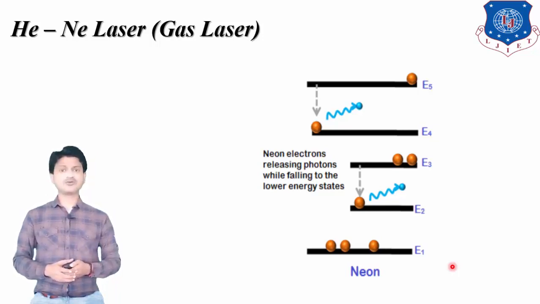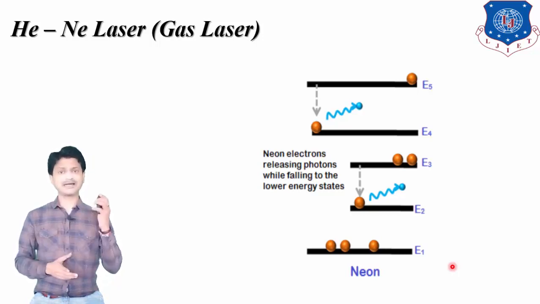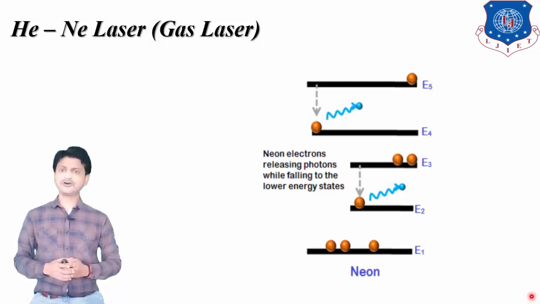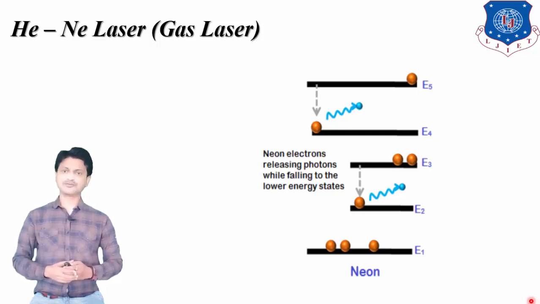Similarly, the ground state electrons of neon atoms are excited to the metastable states. We know that metastable states have a longer lifetime. Therefore, a large number of electrons will remain in the metastable states and hence population inversion is achieved.